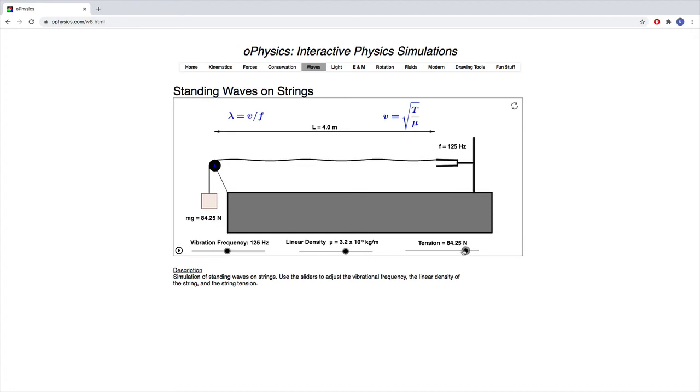Now I can see that the string starts to form a wave, and then I will just slightly increase it. Lovely. That is good. So at about 88.75, I was able to create a loop, and then I will count the loops. 1, 2, 3, 4, 5, 6 loops.